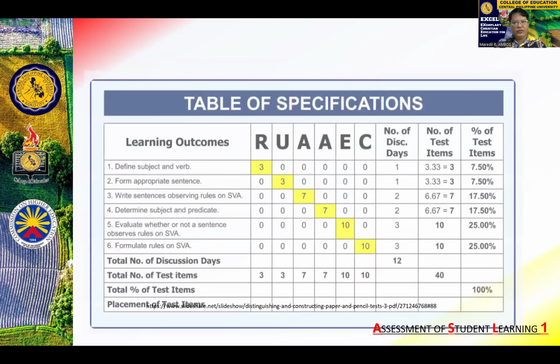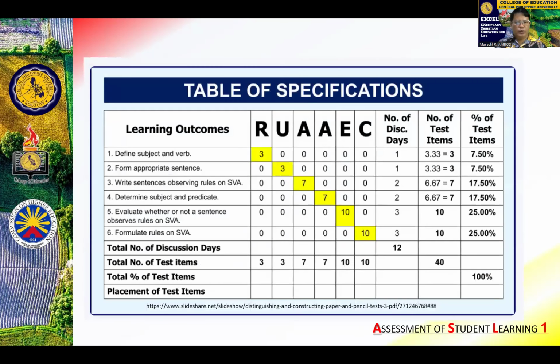Okay, so the next thing that we need to do is identify where we're going to place the items. For example, for learning outcome one, there are three questions and the teacher, Sir Ambos, places them in remembering. So you can see three. For understanding, it's also three, which you can see in learning outcome number two.